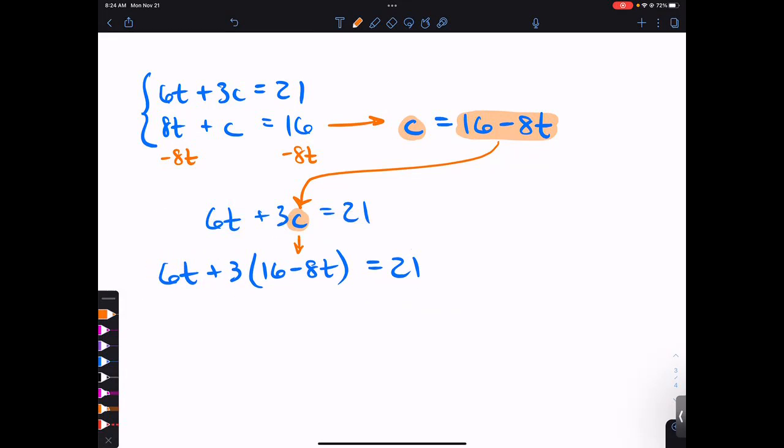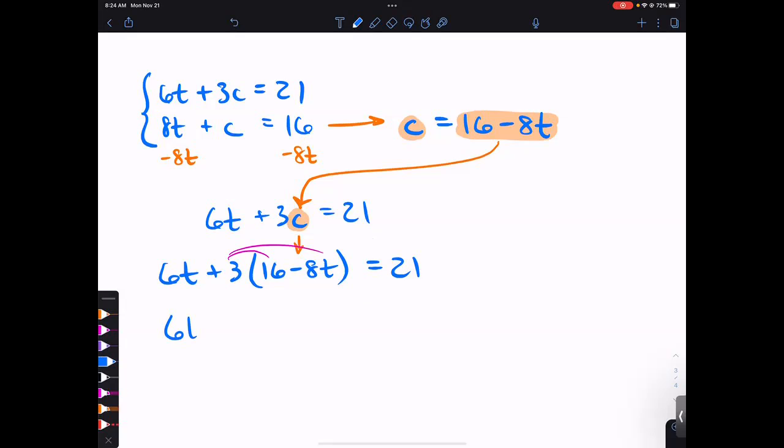Now, what is this? It's a single equation that's all in terms of t, right? There's no c in this. There's just one thing in this that we don't know. It's a linear equation, so we can solve this. Distribute the 3.